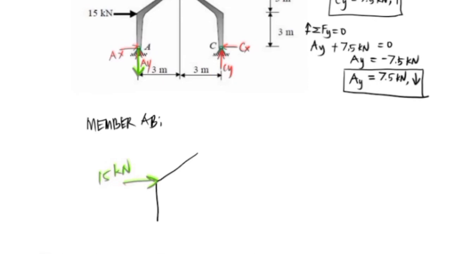And for the reactions, since we already computed for the value of the AY, that is 7.5 kilonewton downward. And in here, we have the AX. And dito sa point B, since this is an internal hinge, we will assume that the BY is directed upward and BX is directed to the left.